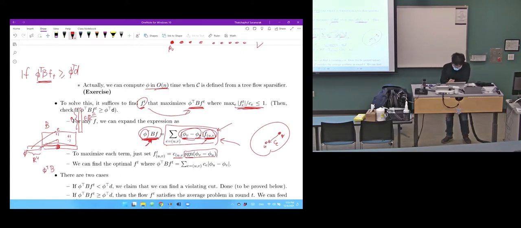So now we can write down how large this thing is too. After you set F in this way, how large is this? For every edge UV, it's just the capacity of that edge times the absolute value of the difference between the potentials. Make sense?